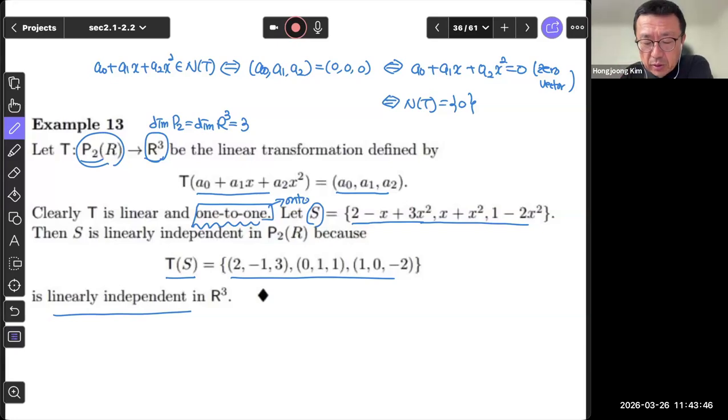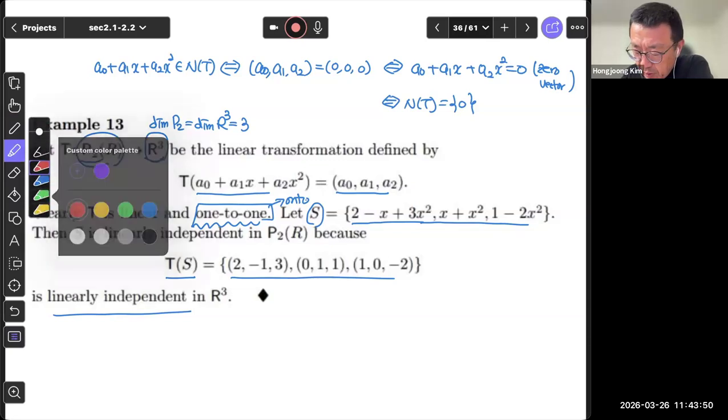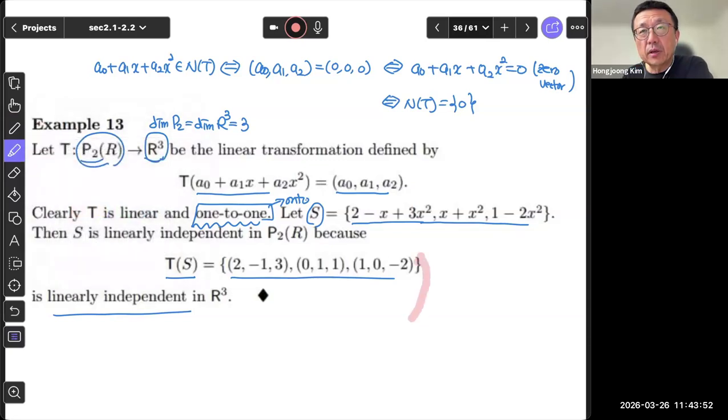Do you understand why this portion becomes the reason of this statement? S is independent because T of S is independent. Why is this lower part a reason for the statement above? Why is it so?